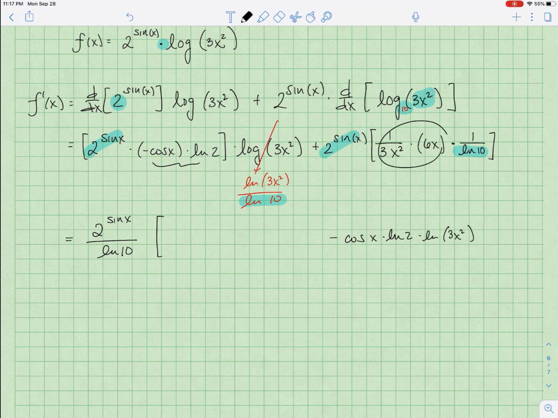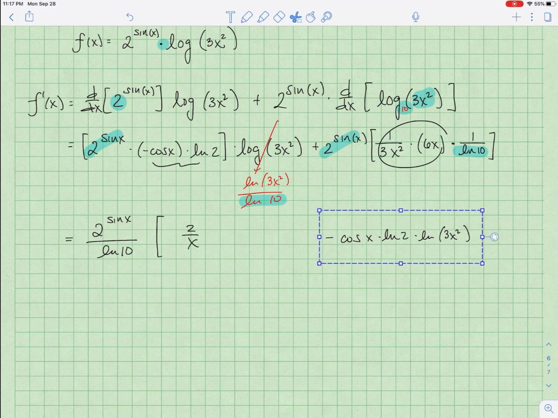And this will clean up really nice. The x's will cancel, and we'll get some cancellation with the 6 and the 3, and we'll just get 2 over x. I kind of overestimated how much room I was going to need for that. Bang.